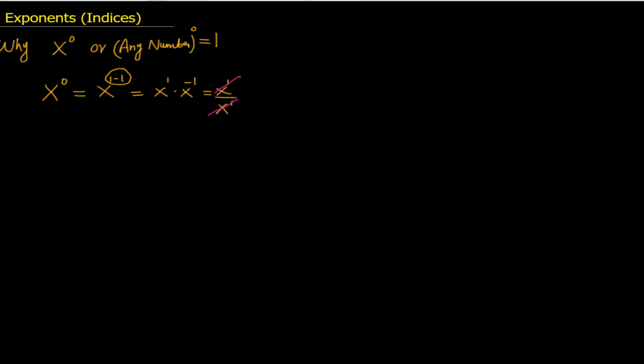And this cancellation will result in 1, not 0, as explained earlier. That when you cancel these two terms in numerator and denominator, you are left with 1, not with 0. So therefore, this equals 1. So it means x raised to the power 0 is 1, because we are actually dividing x with x. So it's very simple to explain.